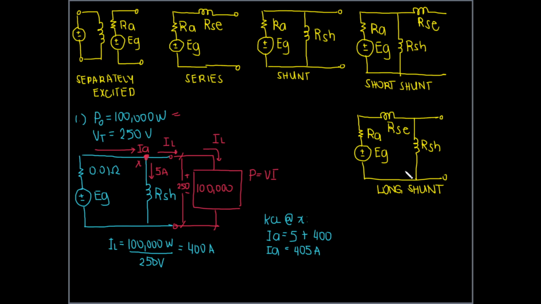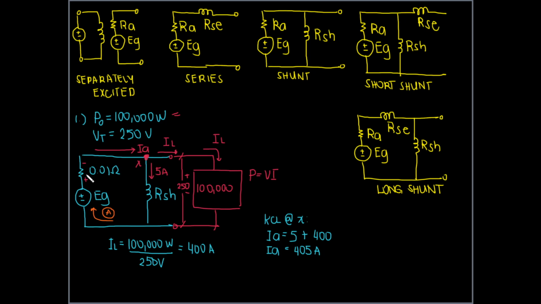Now, since that is our armature current, take a look at this loop, because I suggest we can now perform a KVL at this loop. Let me call that loop A. But before we do our KVL, let us be clear on our voltage drops. For passive elements, I taught you this already, current will enter the positive terminal and leave the negative terminal.